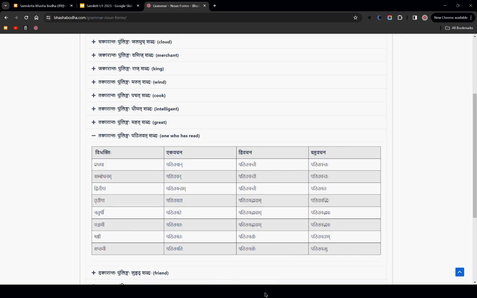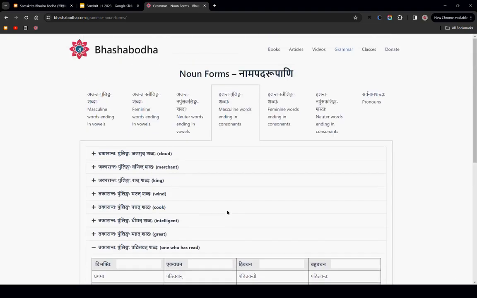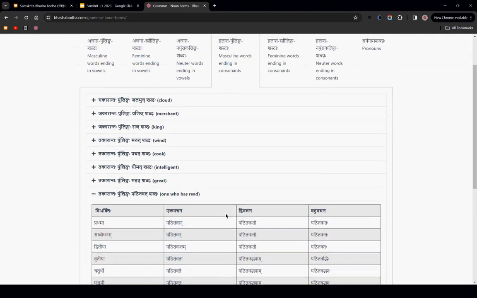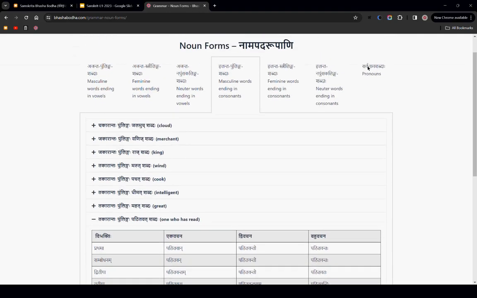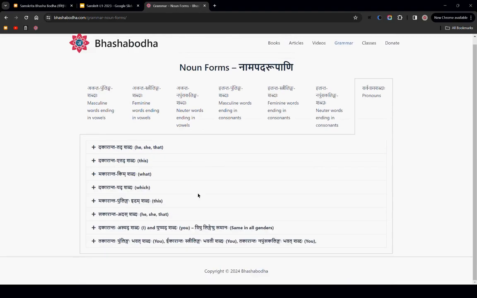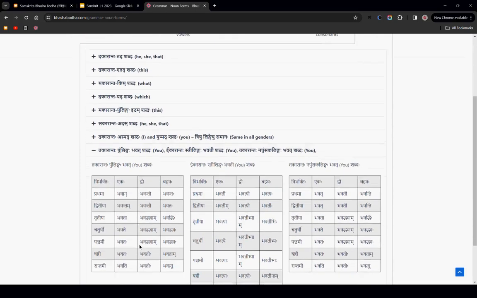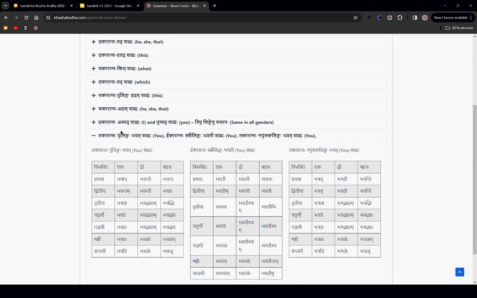In pullinga, if the other person is pullinga, then we use Bhavan. There is all three lingas.